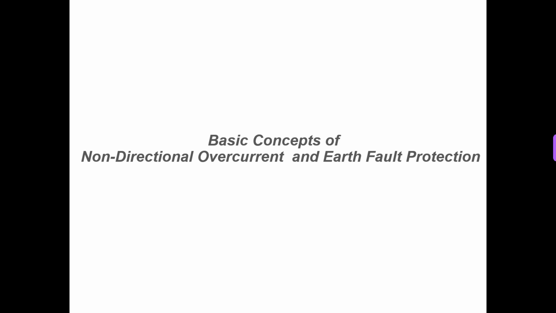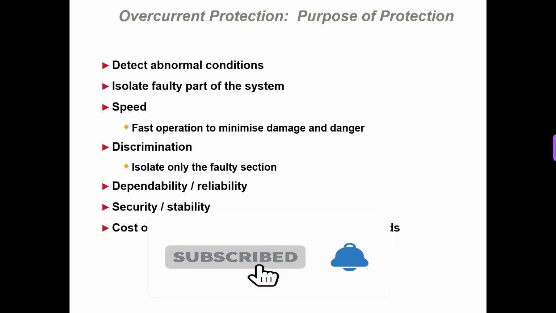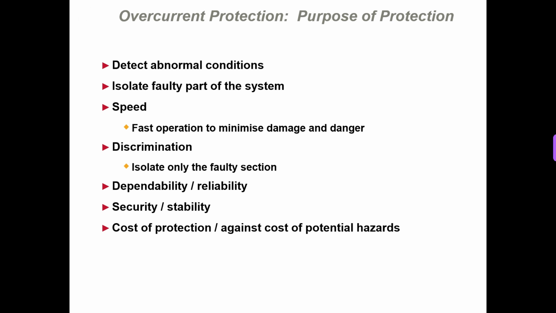So let us see what the basic concepts of non-directional overcurrent and earth fault protection are. Like any other protection, this I have already discussed in so many of our videos. What is the basic purpose of any protection system? The basic purpose of any protection system is to detect abnormal conditions and isolate the faulty part of the system as quickly as possible.